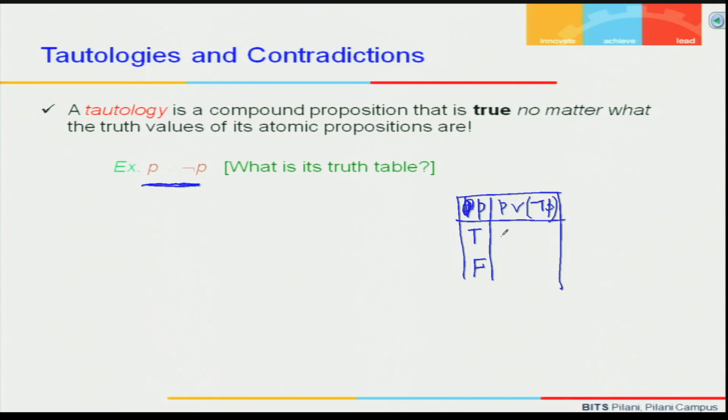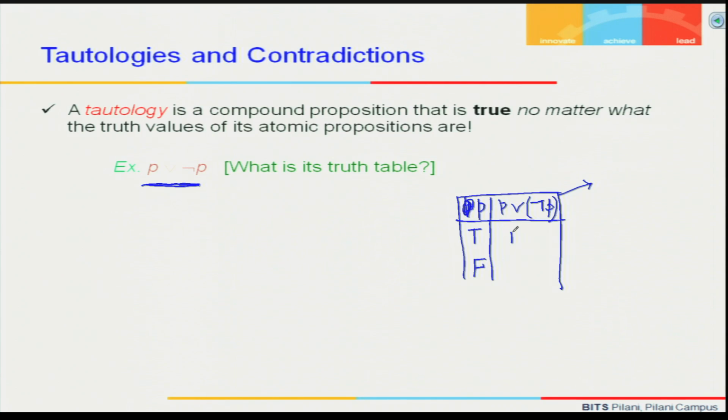Only these two truth values. In both cases, if this compound proposition takes true as its truth value, then we say P or not P is a tautology, otherwise not. Let us see what this compound proposition takes when P takes T as its truth value.